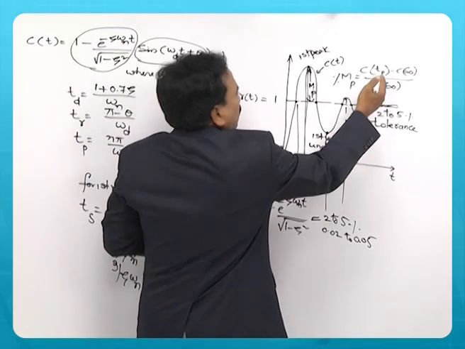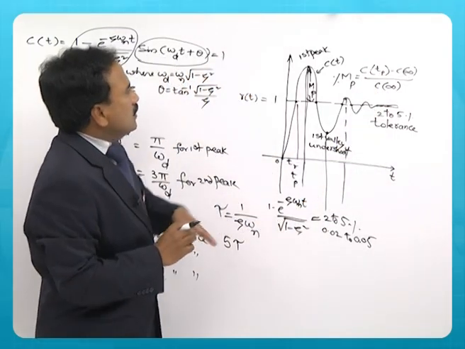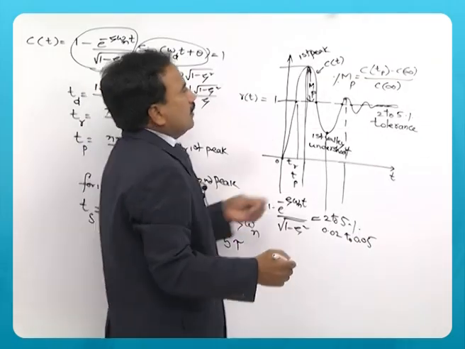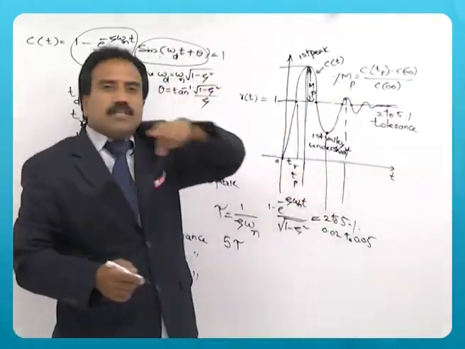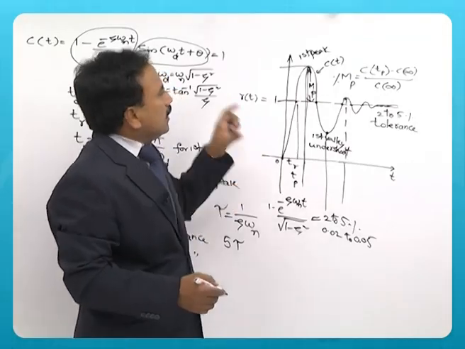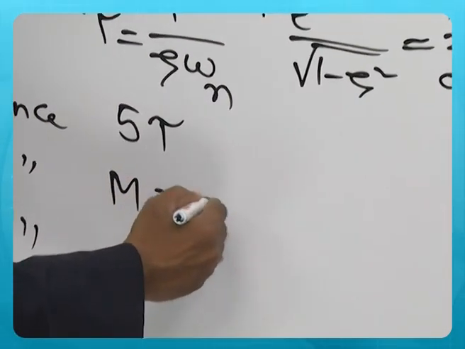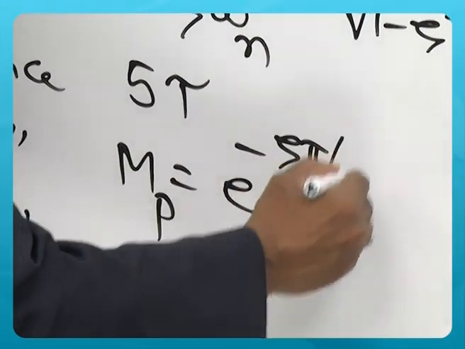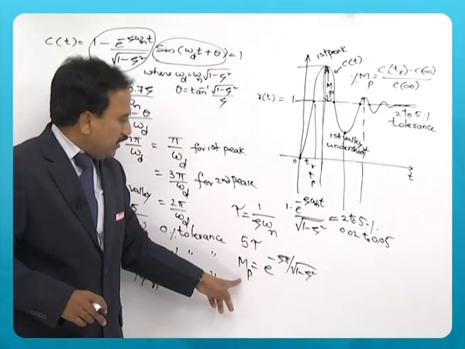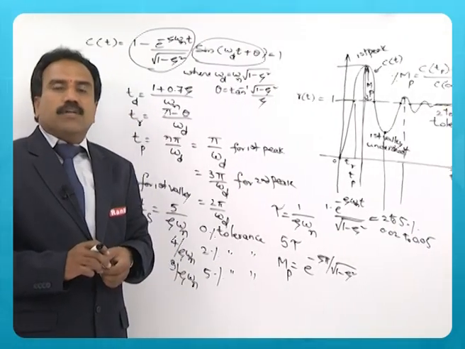So you need to substitute the peak time, I mean, what is the magnitude at peak time? So this is the magnitude, okay. And then C of infinity means it is the steady state response, it is 1. So what is this difference? Peak overshoot is given by e power minus zeta pi by under root of 1 minus zeta square.